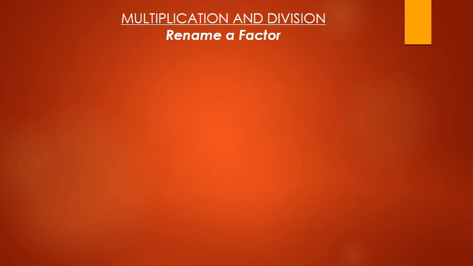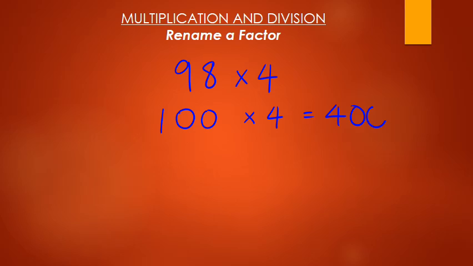Another mental strategy for multiplication and division is renaming a factor. You can also rename a factor to make it easier to multiply. For example, 98 times 4. You can rename 98 as 100. Then 100 times 4 equals 400. You now need to adjust the product and take away the additional 2 times 4.